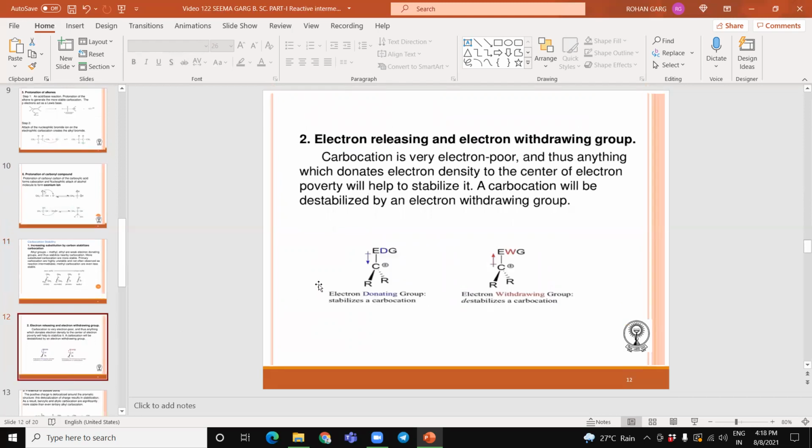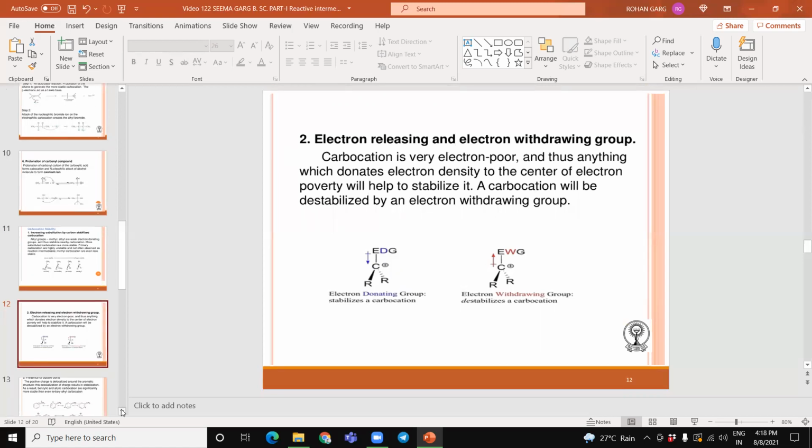Electron releasing and electron withdrawing group. When electron donating or electron releasing groups are increasing on carbocation, its stability is also increasing. When electron withdrawing groups are there, it destabilizes carbocation, means stability is decreasing.